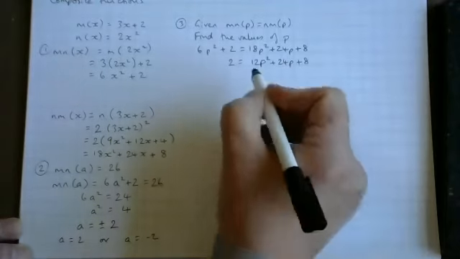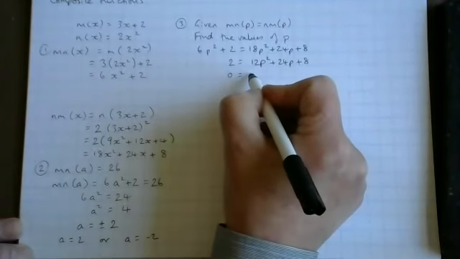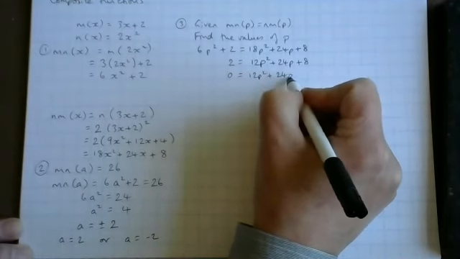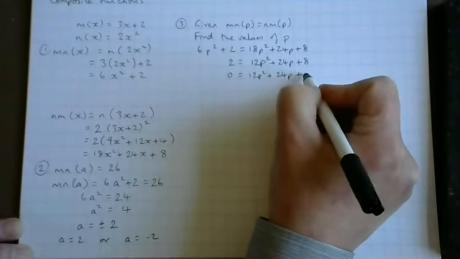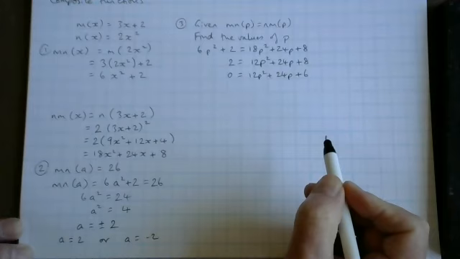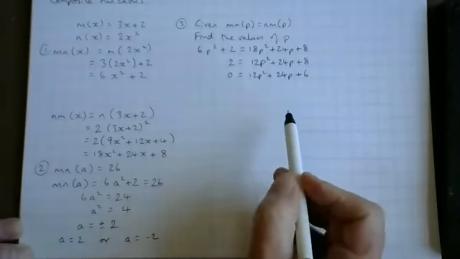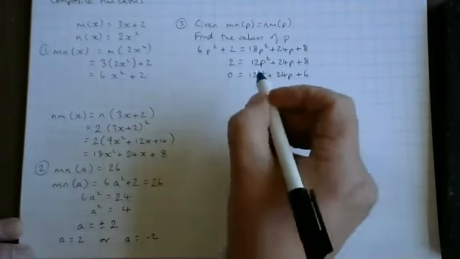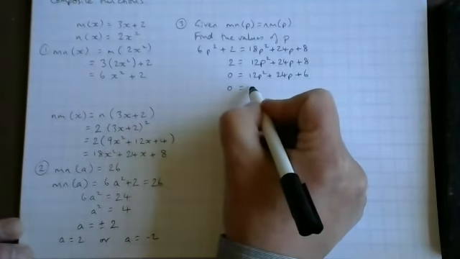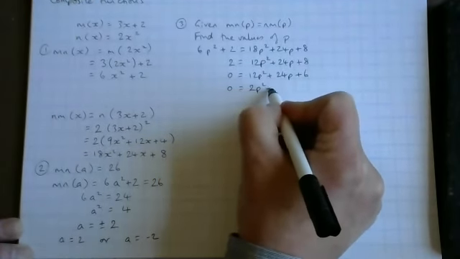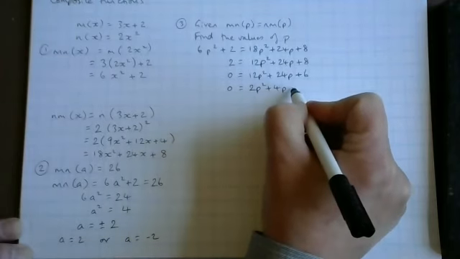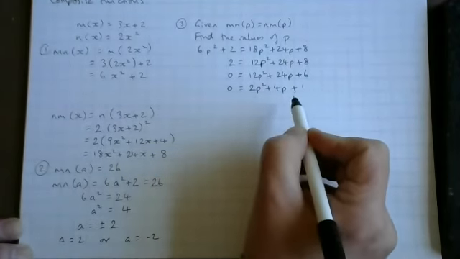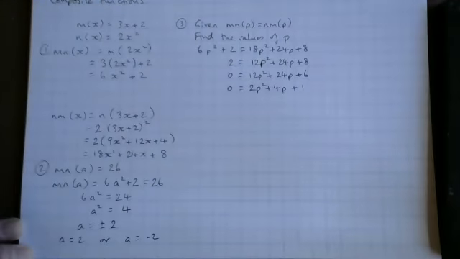Let's take the 2 away. 0 equals 12p squared plus 24p plus 6. Okay, that's a quadratic to solve. We can see straight away that 6 goes into all 3 terms. Let's divide through by 6. 0 equals 2p squared plus 4p plus 1.